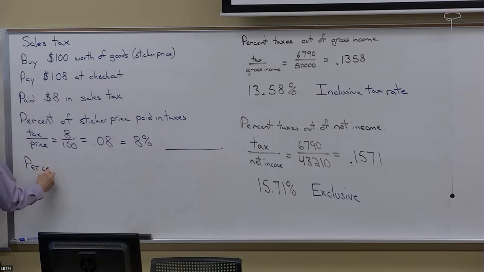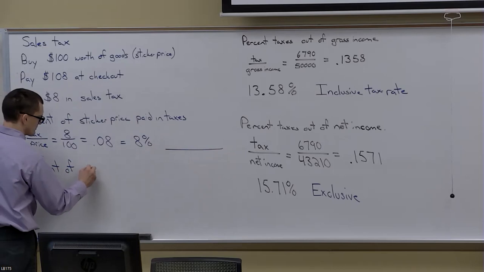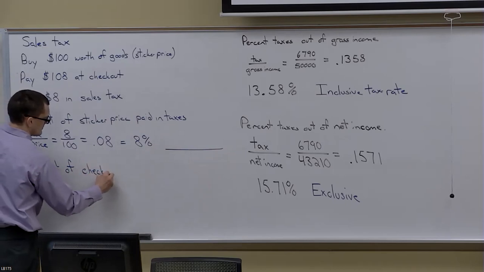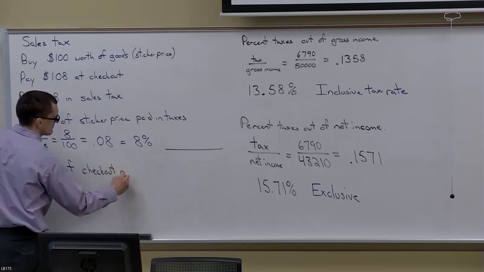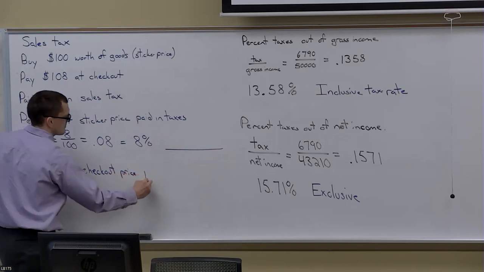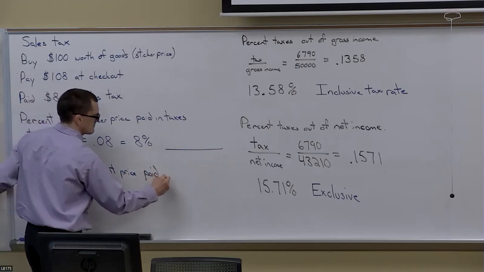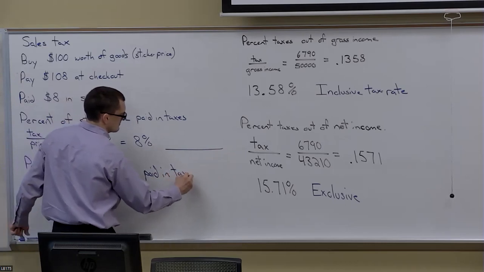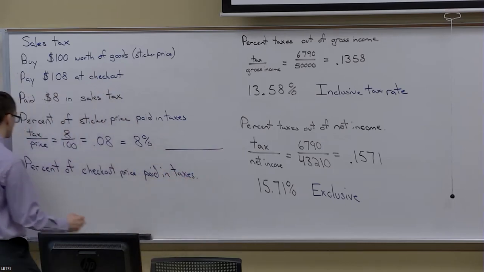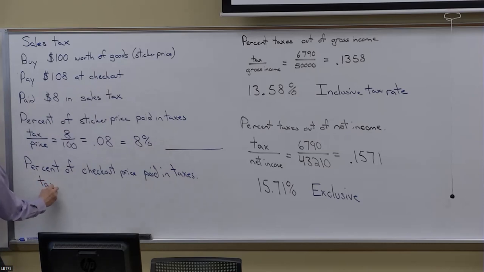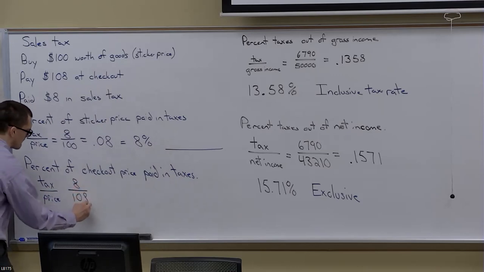And then if you ask what percent of the checkout price was paid in taxes, you take the tax over the checkout price. So you take 8 over 108.